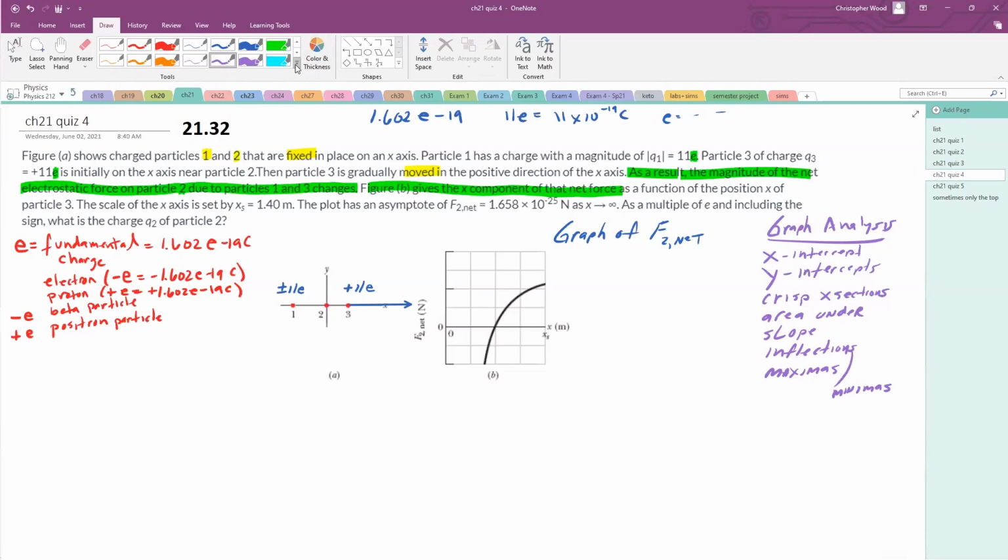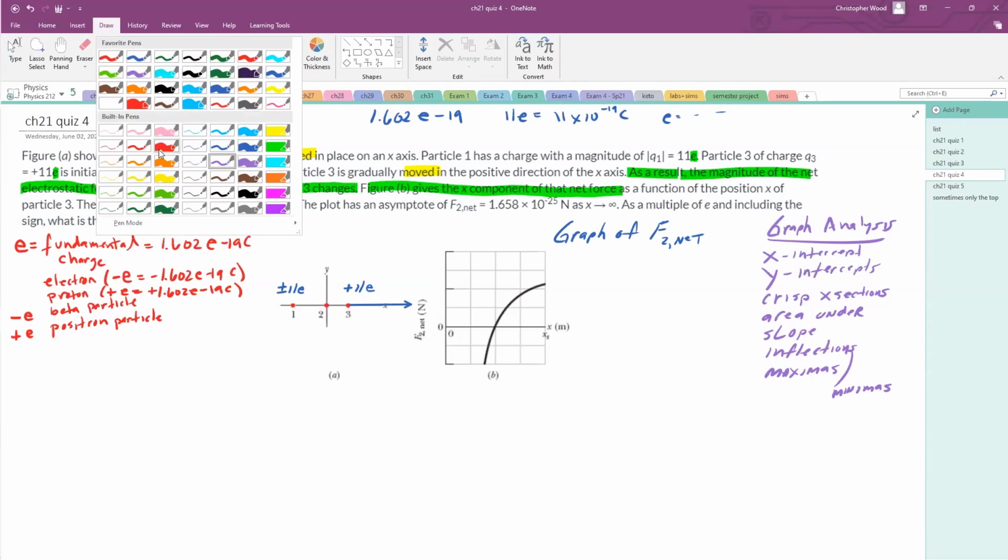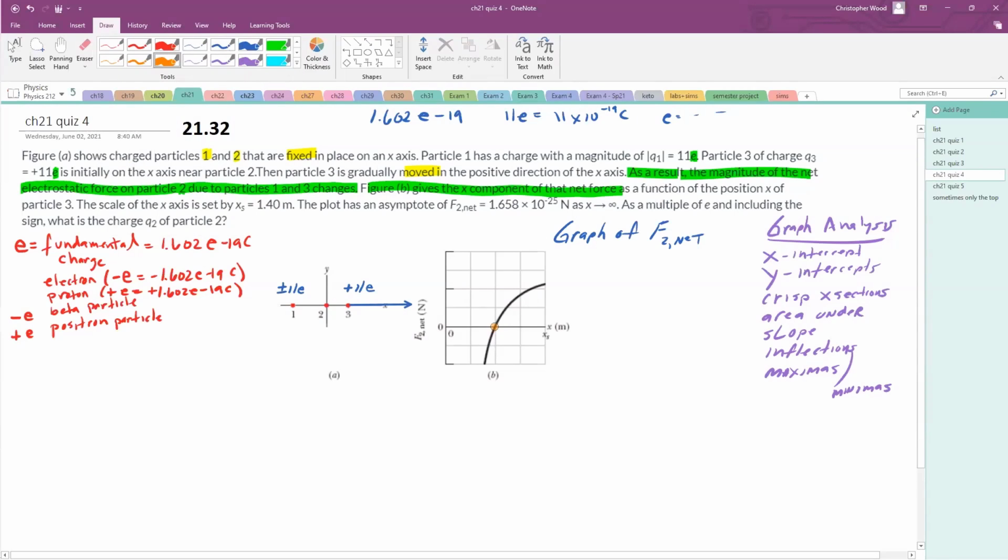Having worked with graphs enough, at this point you can see that this seems to be an interesting point. That point is an x-intersection point, so that point is of interest.